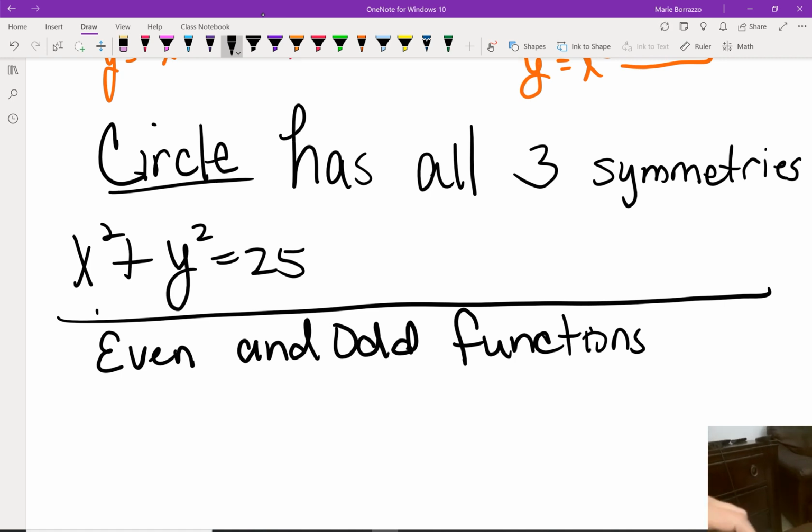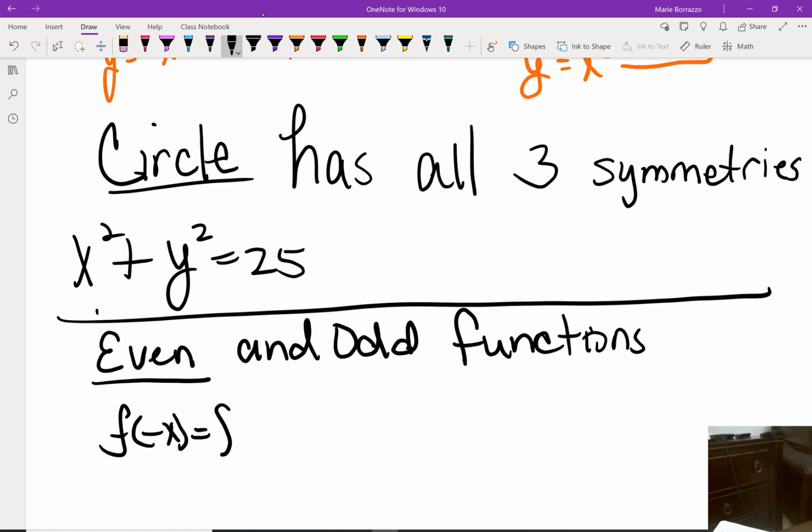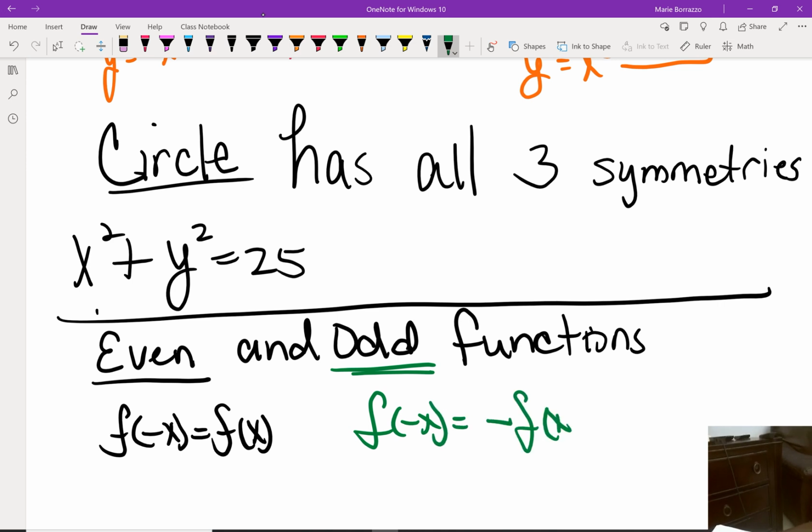Now there's a graphical method, and there's also the simply look at the exponents. Now look, you know it's even if f of negative x is going to be equal to f of x. And you'll know it's odd if f of negative x yields you the negative of f of x.